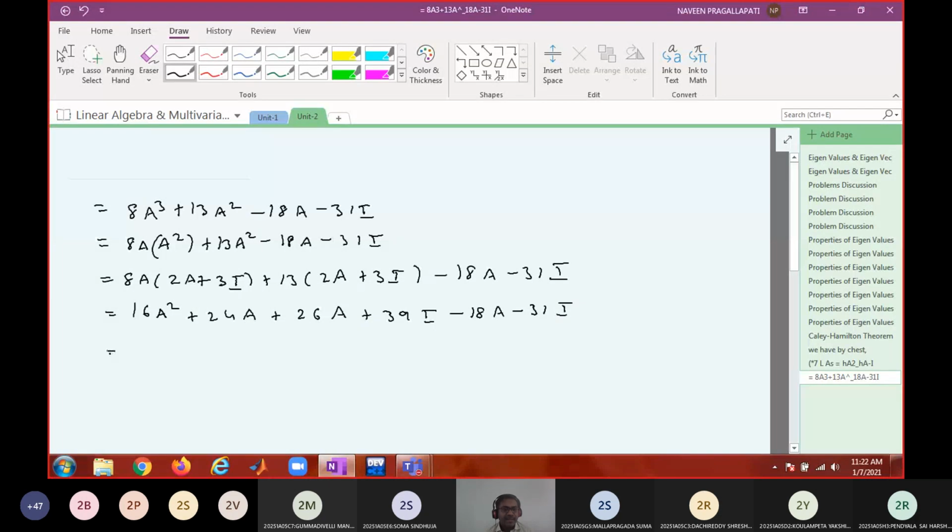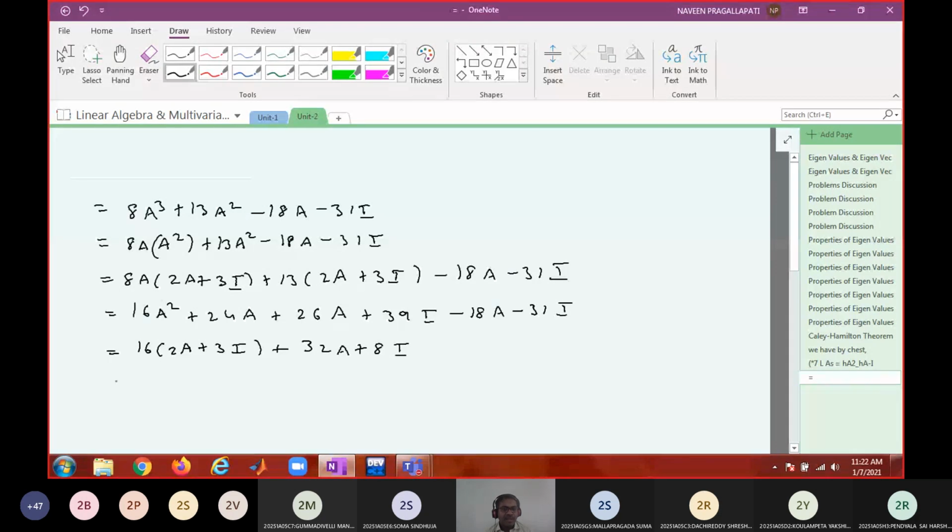Again, what is a square? 2a plus 3i. Plus 24 plus 26, how much? 50, minus 18 is 32a. 39i minus 31i means 8i. Am I right?